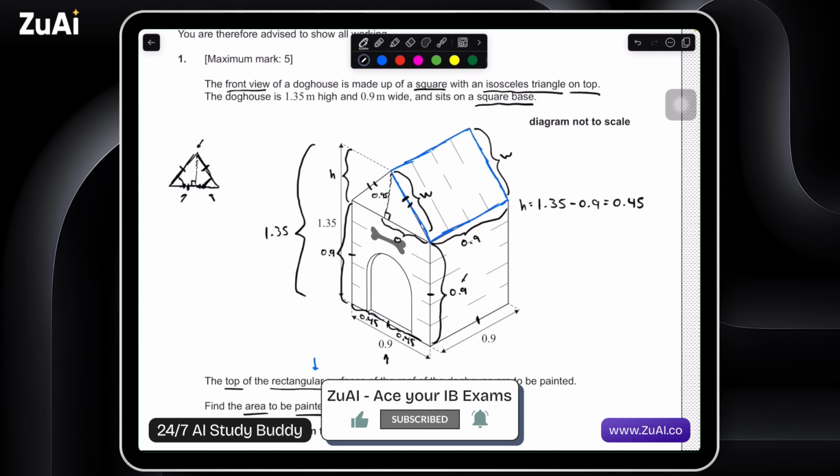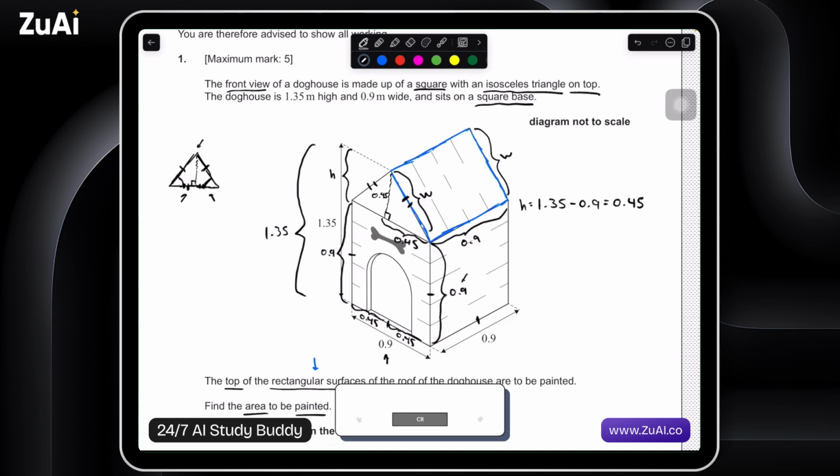So this is also the base of this portion of our right angle triangle. Okay, so we've got this right angle triangle, and we know that this is 0.45 and this is 0.45. Now we want to find w.